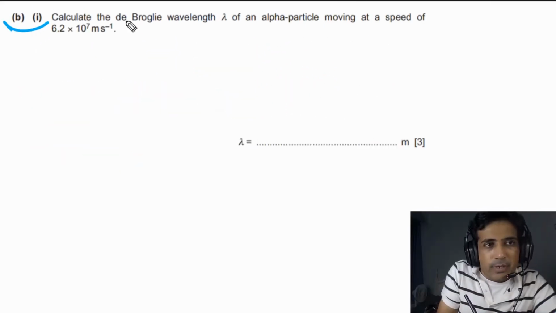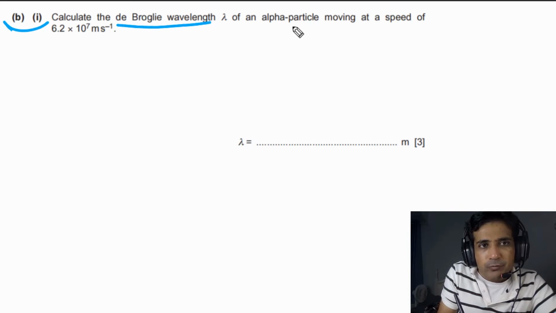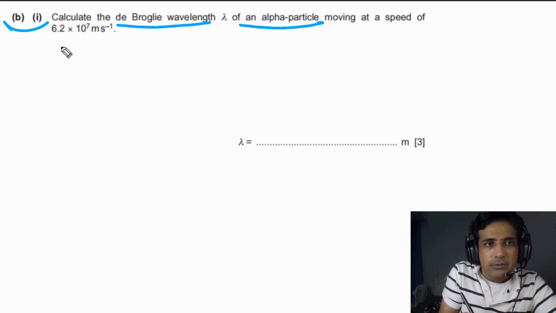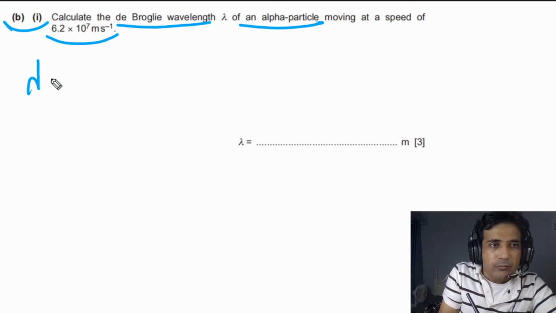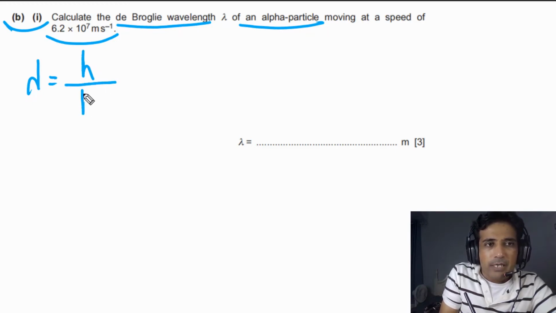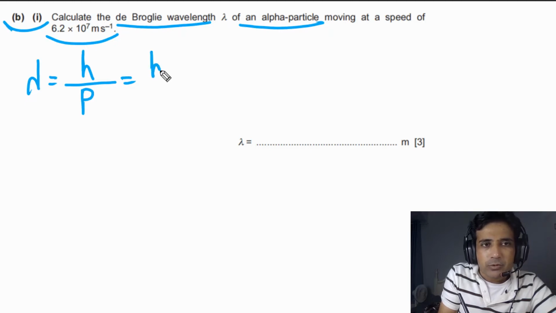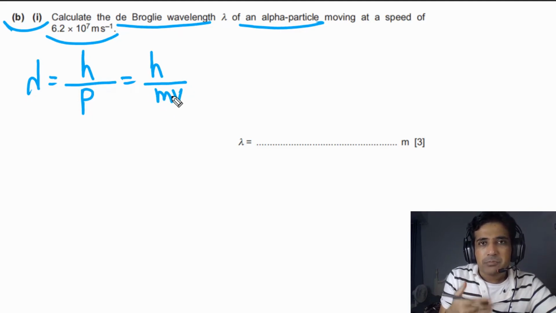For part B1, we need to calculate the de Broglie wavelength of an alpha particle moving at a speed of 6.2 times 10 to the 7 meters per second. The de Broglie wavelength is equal to Planck's constant divided by the momentum of the moving particle, or simply λ = h divided by m times v. m is the mass of the particle, v is the speed of the particle.